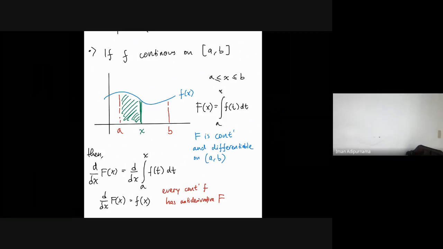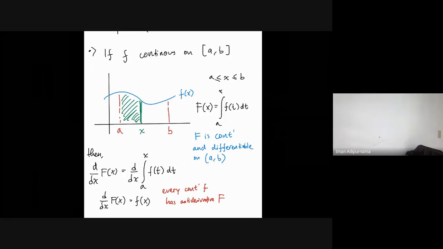It's integrable, it's continuous, differentiable. If you differentiate using d/dx of the antiderivative, then you remove the integral, and this will be your f(x). Okay.